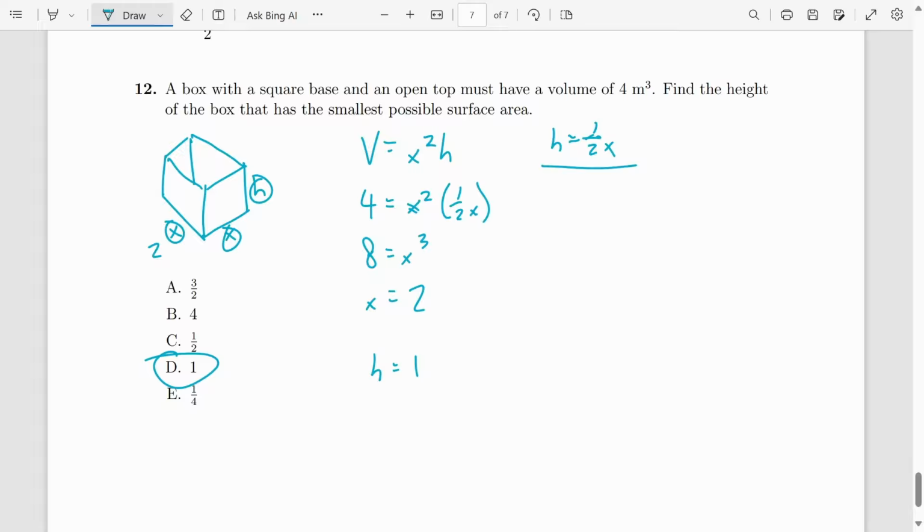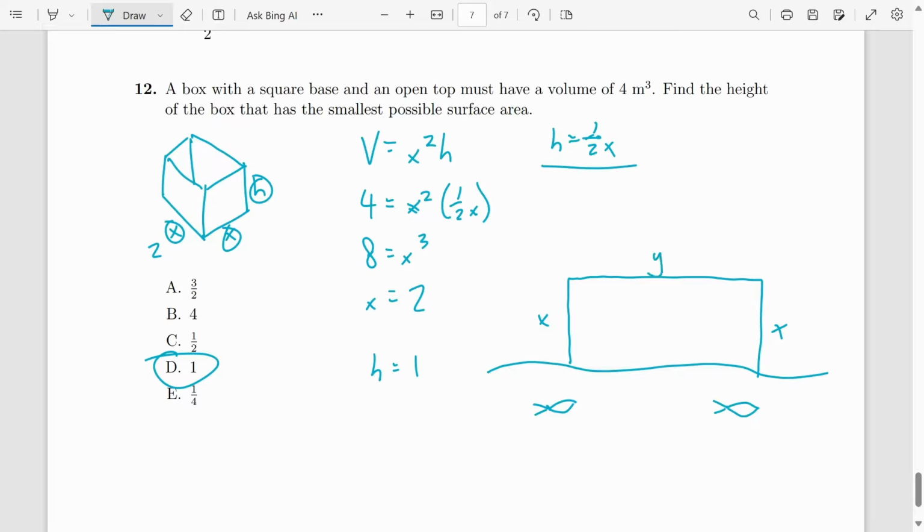That is the answer. And there's another type of problem that is pretty similar to it. It's just in a two-dimensional example. I've seen it expressed as like you have a river with fish in the river, and you have a fence along the river where you've got two side lengths that are the same and a parallel side length at the other end.